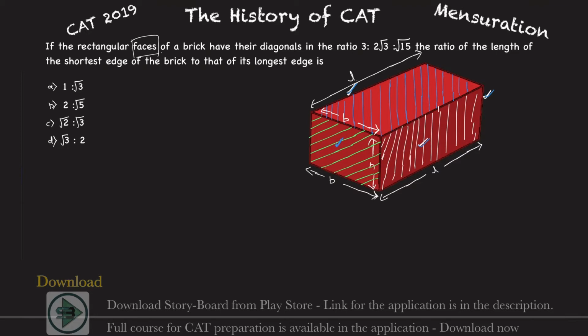So if the rectangular faces of the bricks have their diagonals in this ratio, now we are talking about the diagonal of this face. Let's talk about one face at a time.